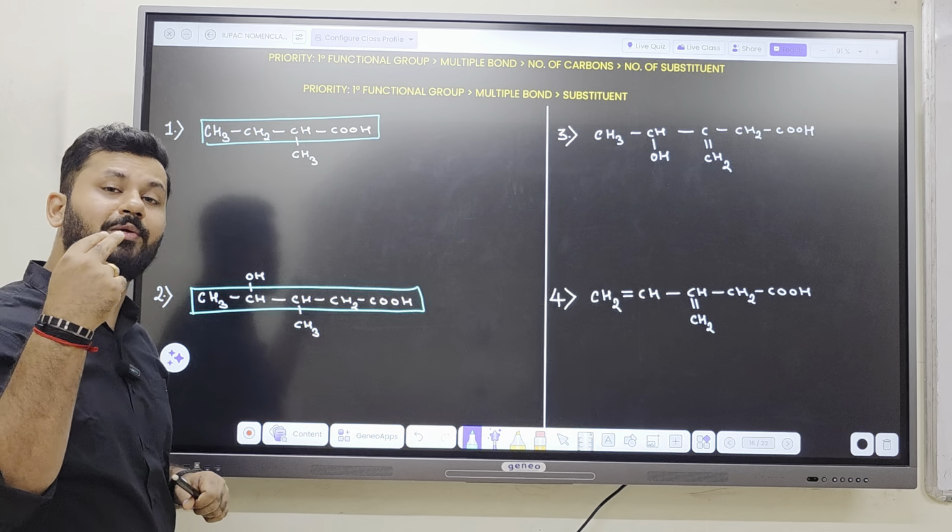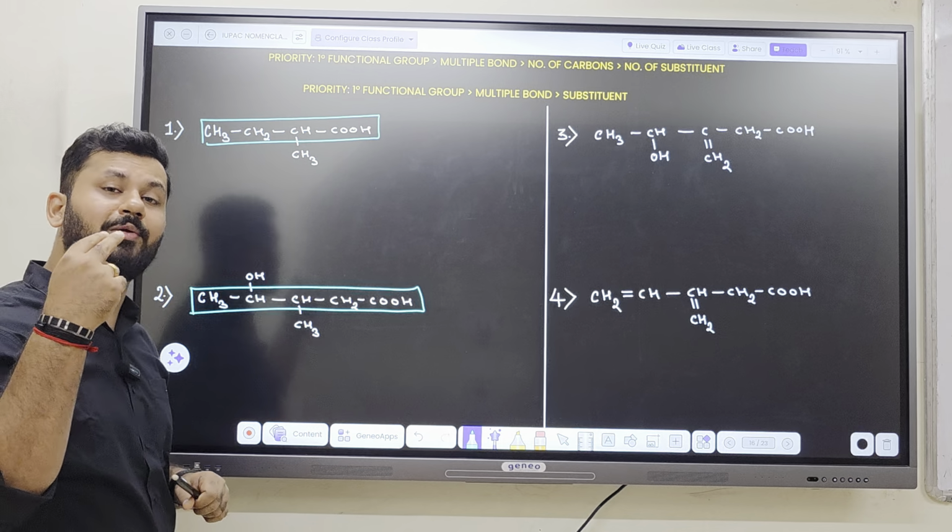And therefore, the correct way to number this is to start from here. 1, 2, 3, 4. Likewise, over here, the right way of numbering this PCC is to assign minimum number to the carboxylic acid. 1, 2, 3, 4, 5.